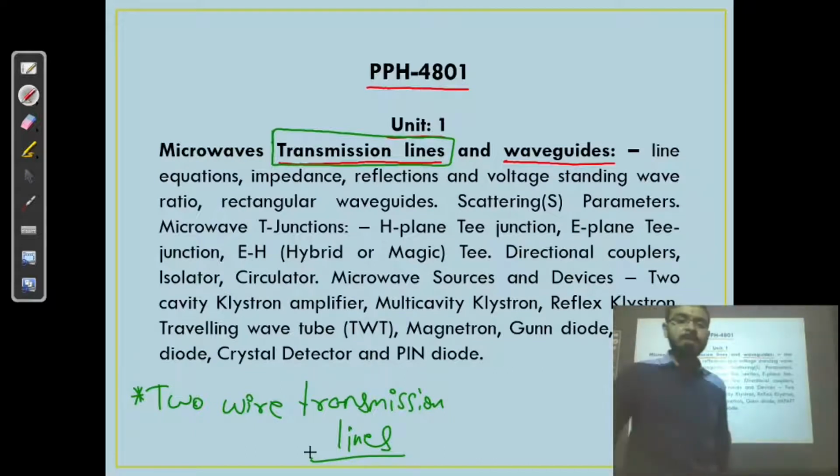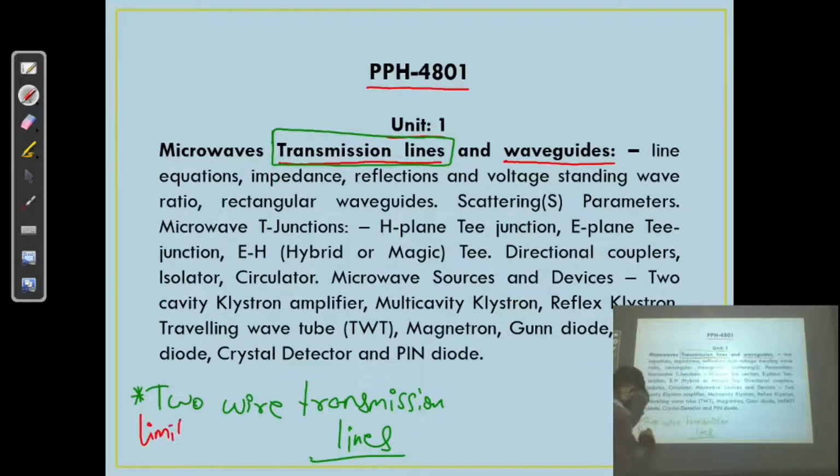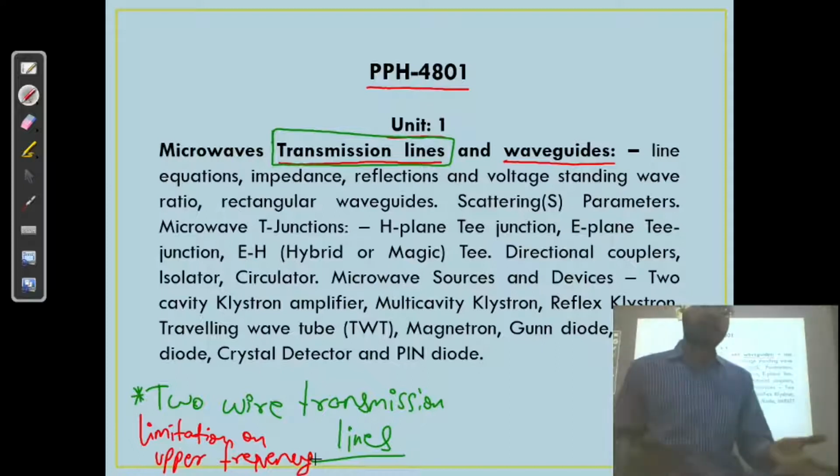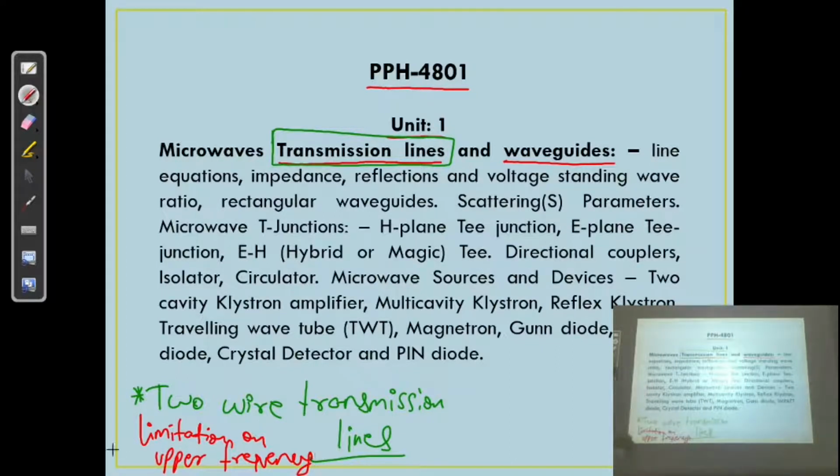For two-wire transmission lines, there are some limitations up to which you can use higher frequencies. So it will have a limitation on the upper frequency.